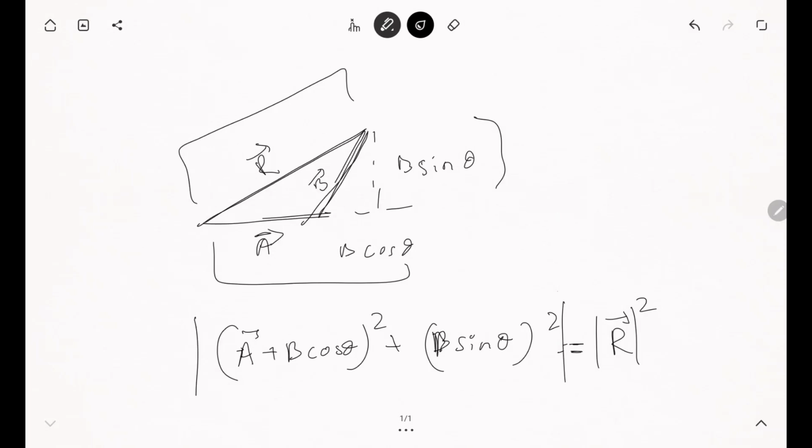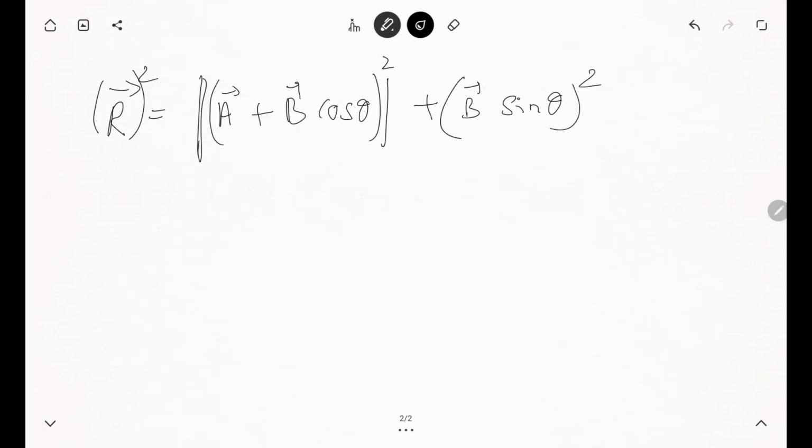So again, let me move this a bit. Oops. Let me add a new page. So resultant vector whole square, of course, because it's the square of the hypotenuse.